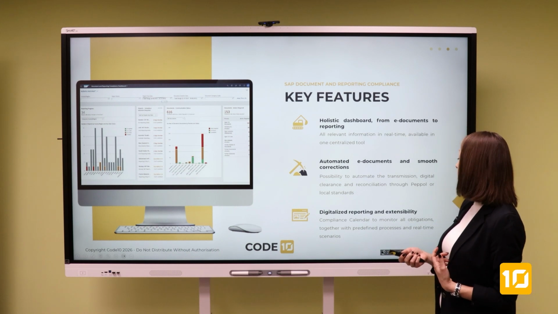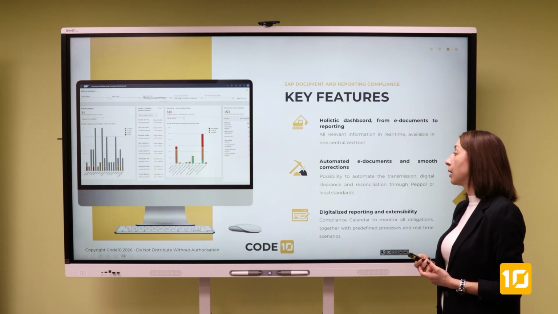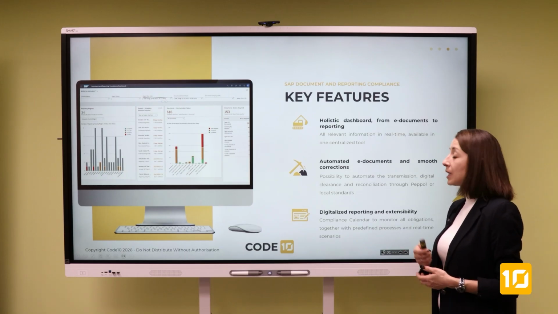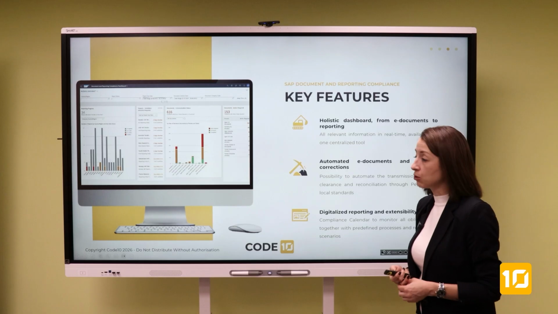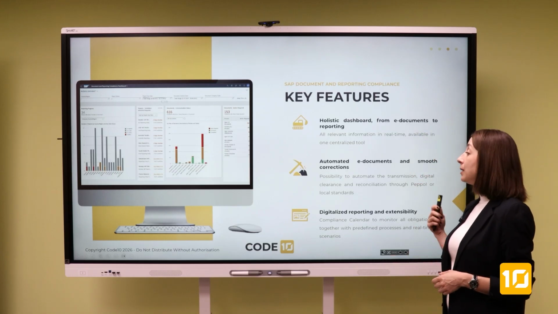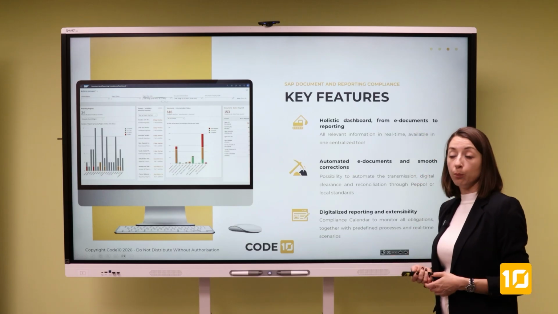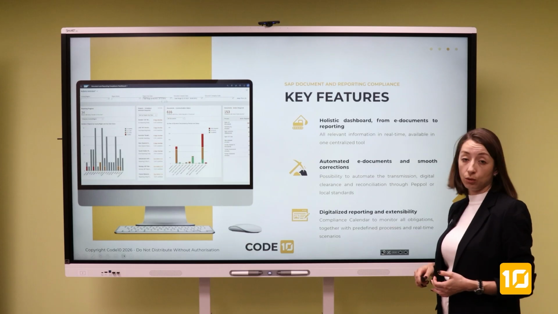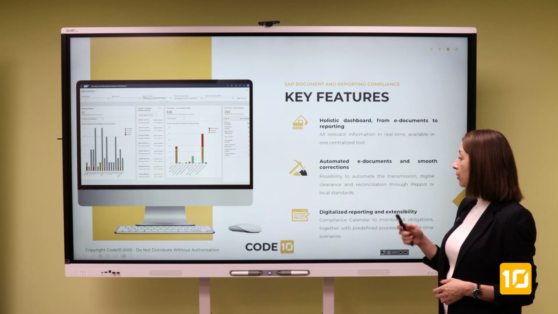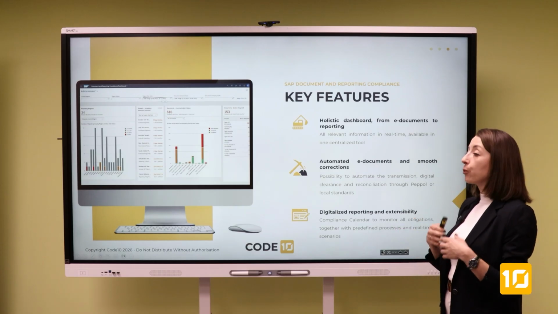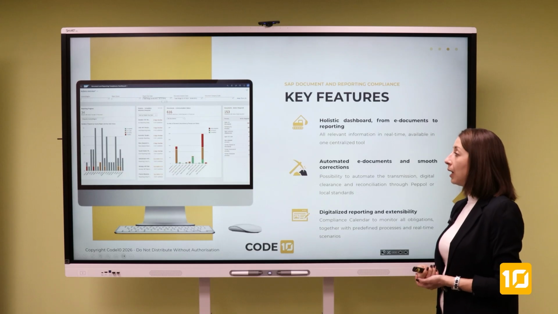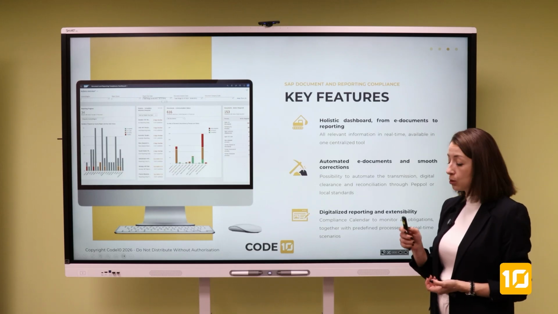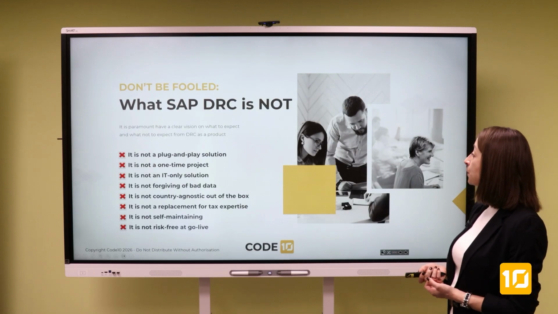And we have real-time scenarios that we can rely on for testing purposes or checking purposes, etc. There are also possibilities of incorporating partner solutions, not only standard solutions from SAP. So it is a very broad, let's say, framework that allows a lot of capabilities over here regarding compliance.